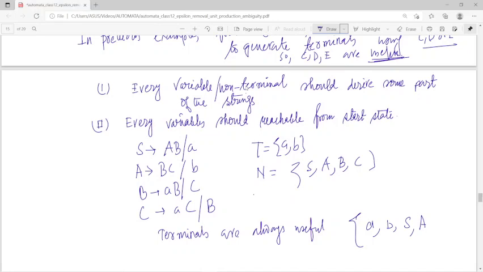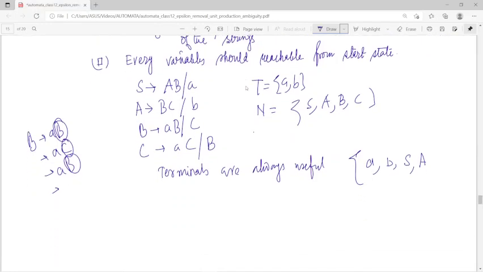That means B and C cannot be replaced by terminals. Again you substitute from B we get C, from C we can get B again, like that. That means you cannot generate terminals, right? That means you cannot generate a string from B or C from S. If you start from S and you replace B and C, you cannot generate a string, right?